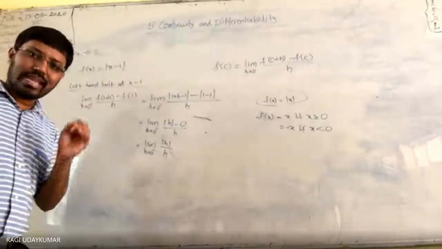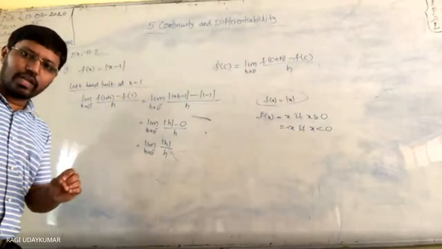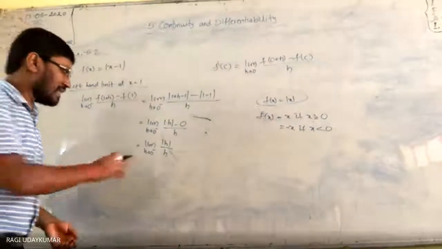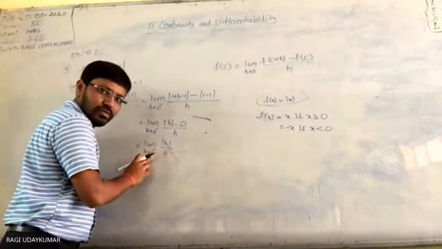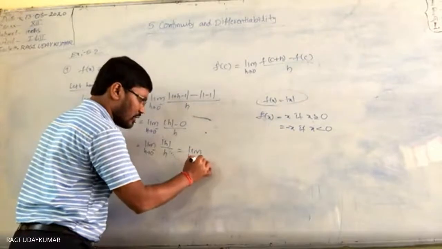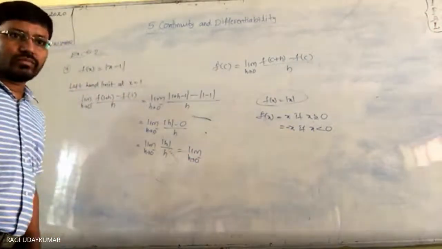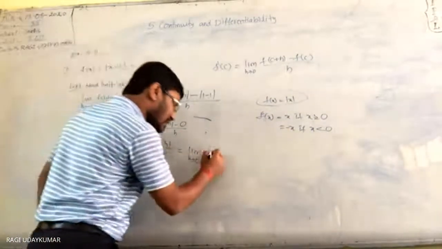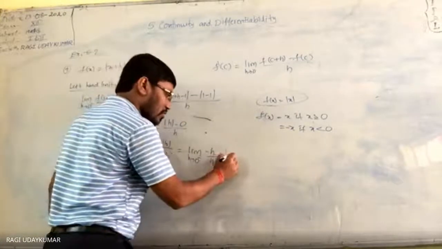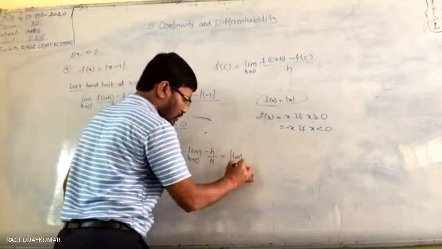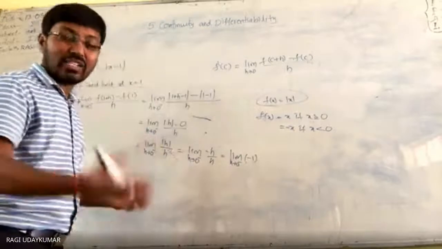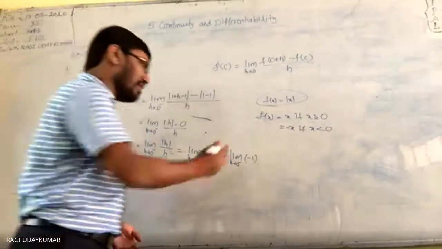If x is a negative number, it should be multiplied by minus to make it positive. So h is already negative. Then what do you get here? Limit h tends to 0 minus of minus h by h, which equals limit h tends to 0 minus of minus 1. The limit of any constant function will be that constant.